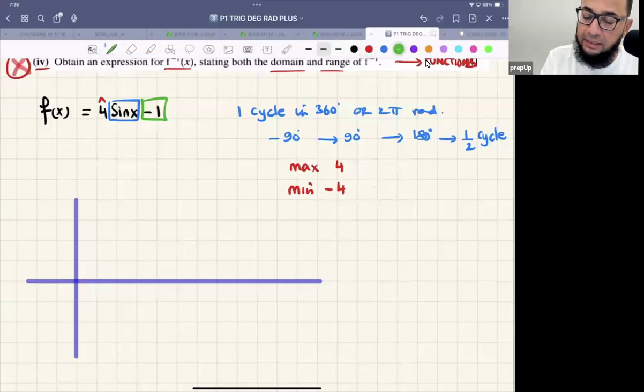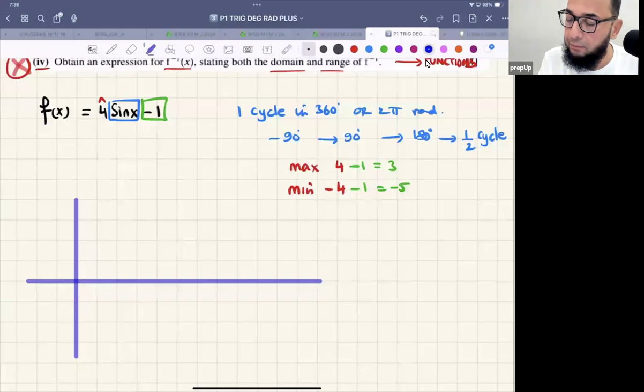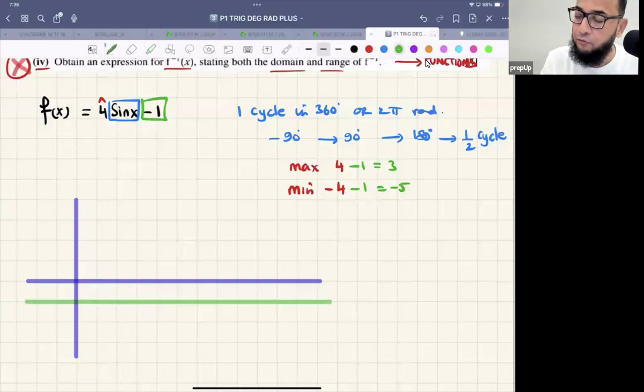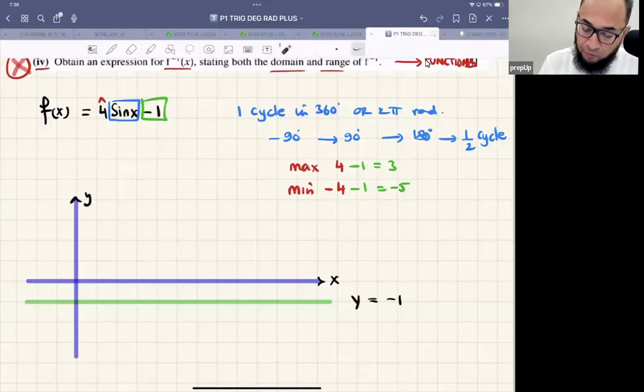Okay. So this is in green color. 4 minus 1 is 3. Minus 4 minus 1 is negative 5. So now I can draw a horizontal line which is over here. So therefore this is the x-axis, this is the y-axis, this is the line y is equals to negative 1, because I'll be going 4 units up from here.